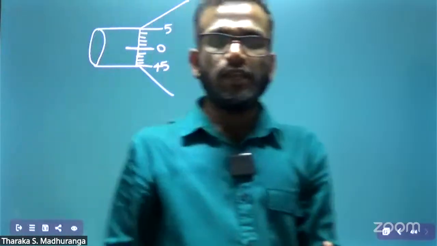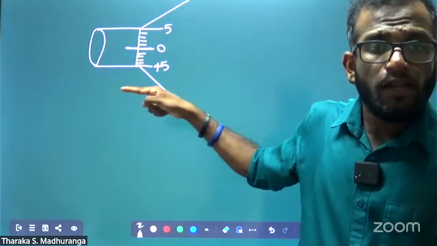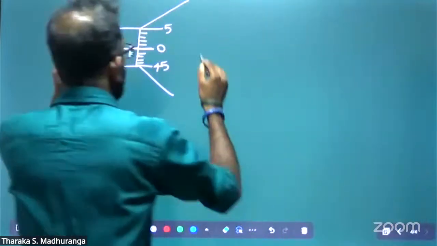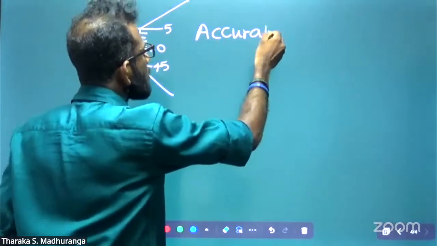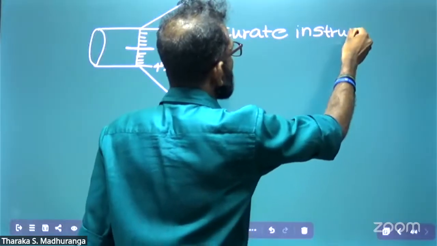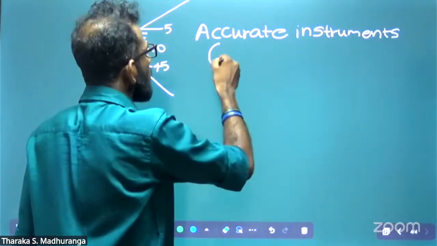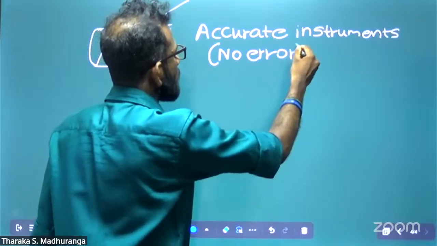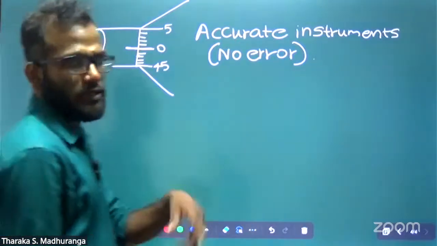If it is given like this, with zero perfectly coinciding with the linear scale middle axis, we call it an accurate instrument, with no zero error.